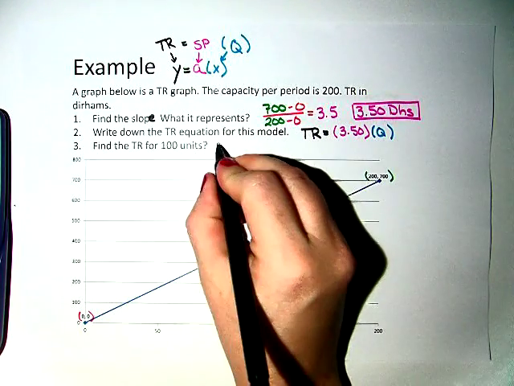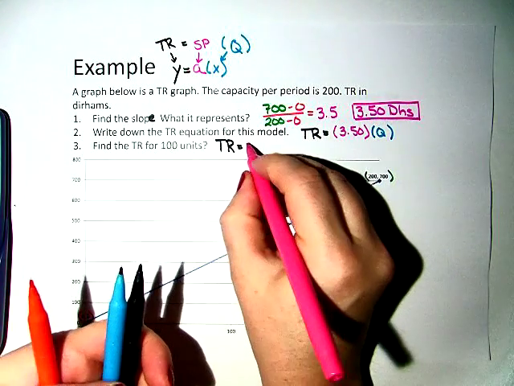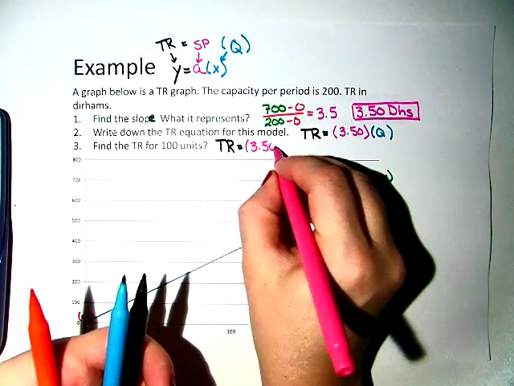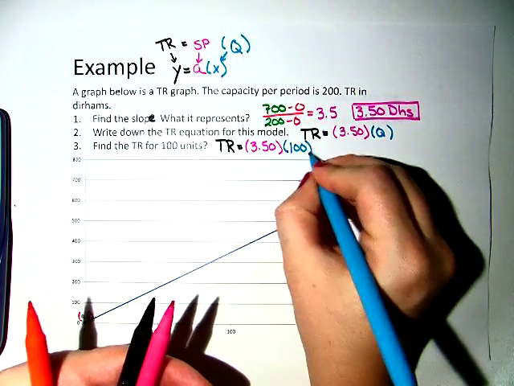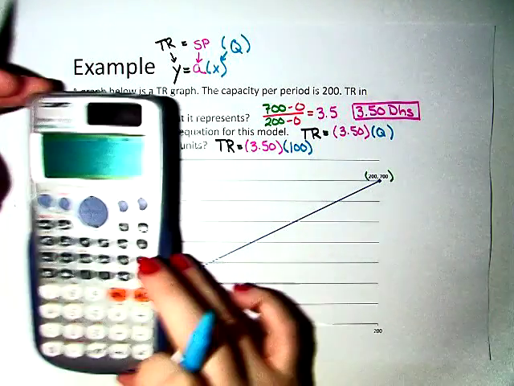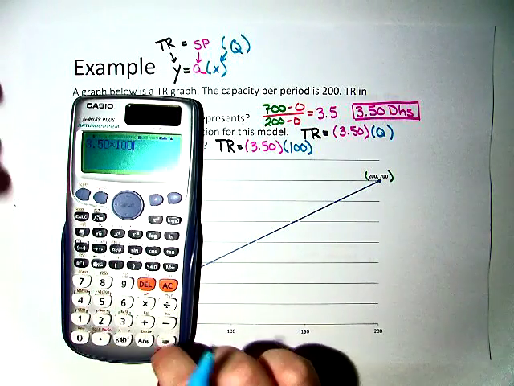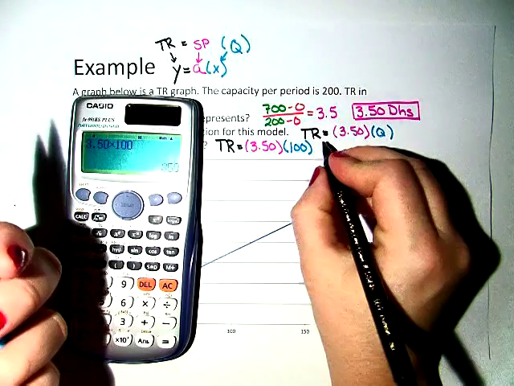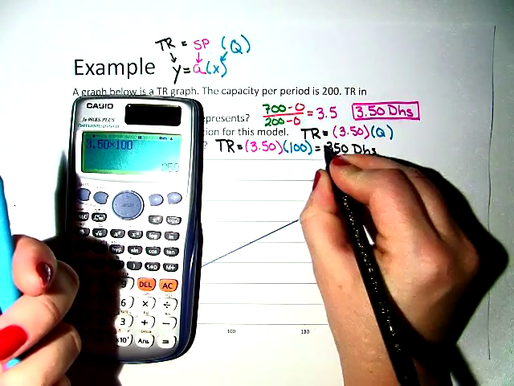Okay, so for this, all we have to do is put in 100 for the quantity. Okay, so we get out our calculator again. 3.50 times 100 gives me a total revenue of 350 dirhams.